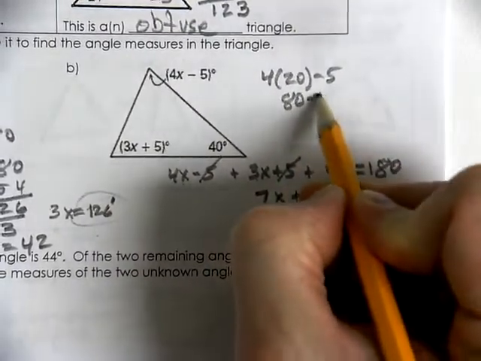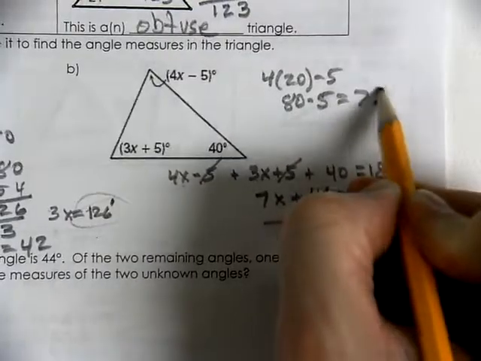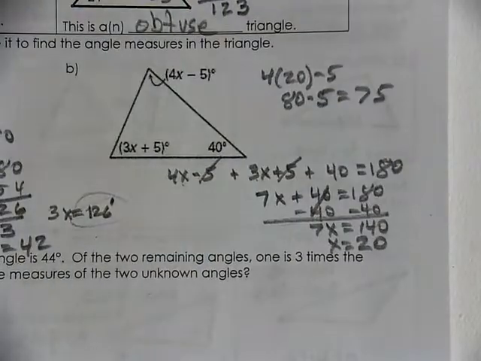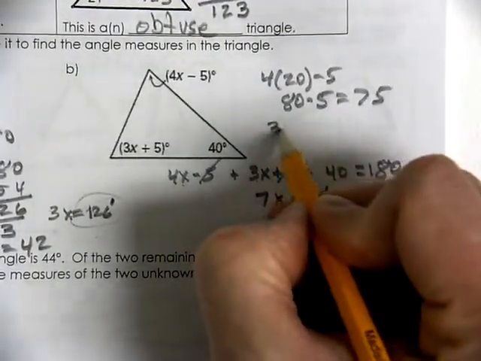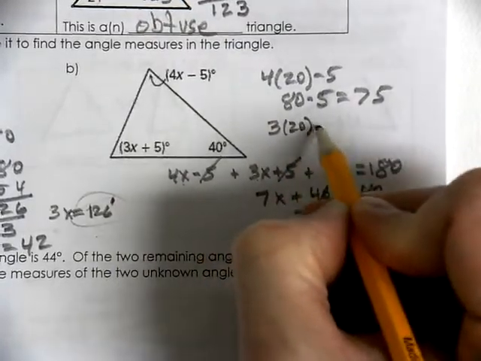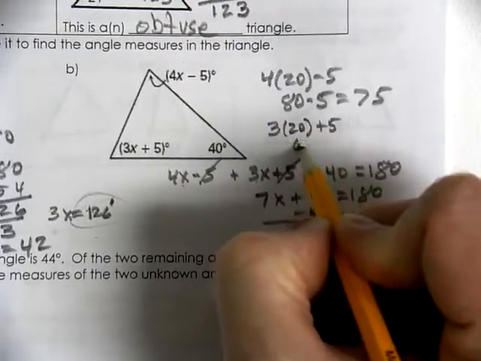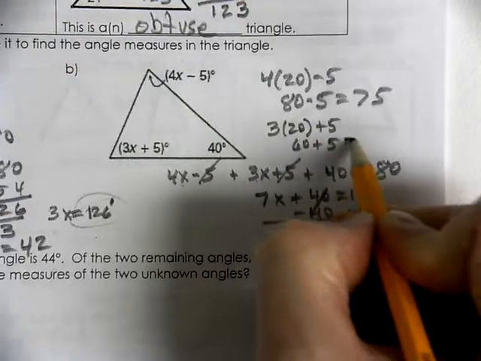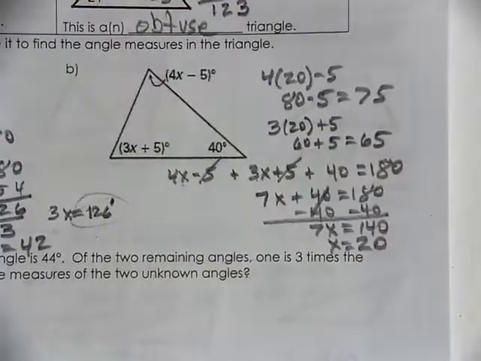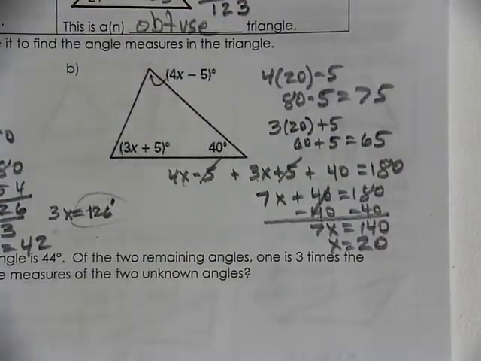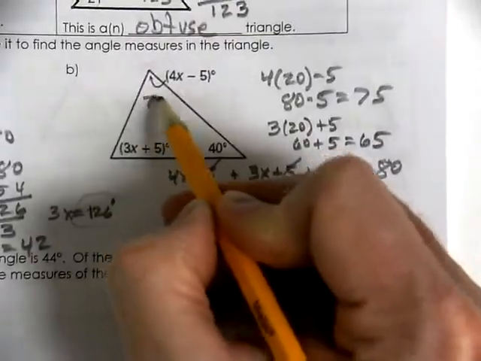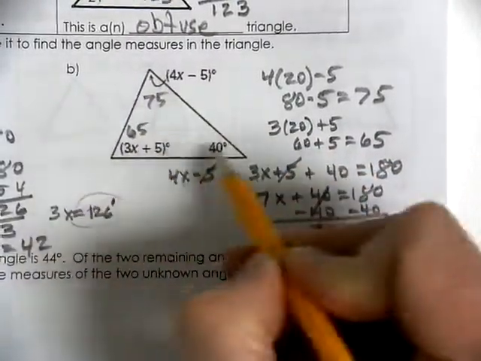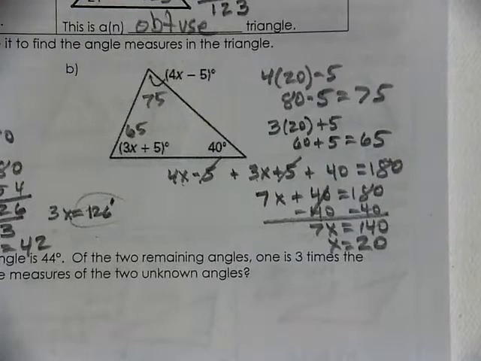That's 80 minus 5, which should come out to 75. 3 times 20 plus 5 is 60, plus 5, which is 65. Together, the 75, the 65, and the 40 are going to make 180 degrees.